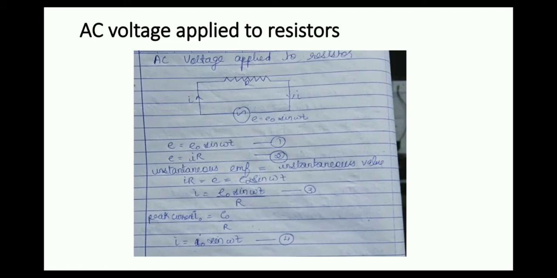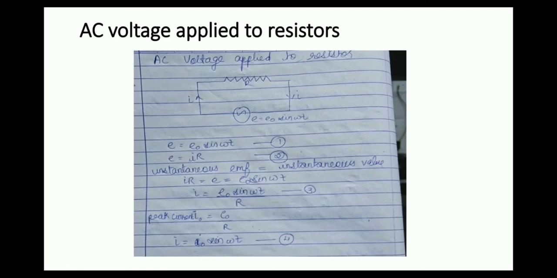Now, as we are using a resistor, we say that E is the potential drop across the resistance, which is given by equation number 2: E equals I into R. But we are aware that the instantaneous EMF is equivalent to the instantaneous value.